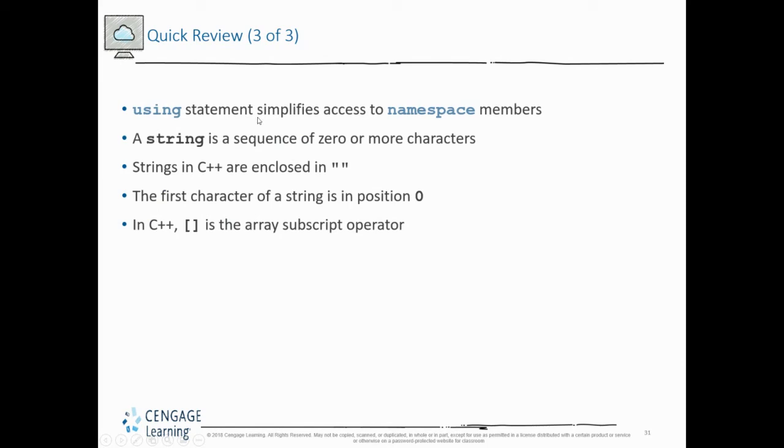Using statement simplifies access to the namespace members. A string is a sequence of 0 or more characters. Strings in C++, you know, are enclosed within the double quotes. First character is always 0, okay? And the left bracket and right bracket is the array subscript operator, and we're going to be getting more into this in chapter 8.